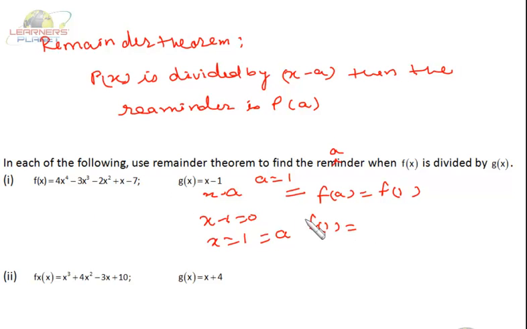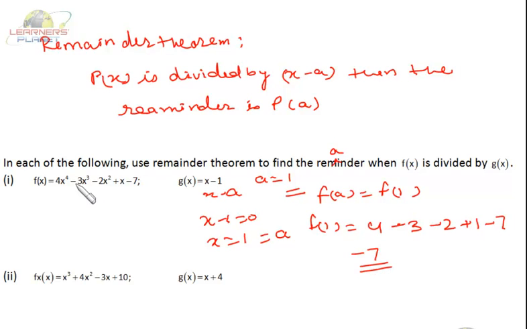Just put the value of x as 1: 4 minus 3 minus 2 plus 1 minus 7. So 4 minus 3 is 1, 1 minus 2 is minus 1, minus 1 plus 1 is 0. Finally, we are getting minus 7.